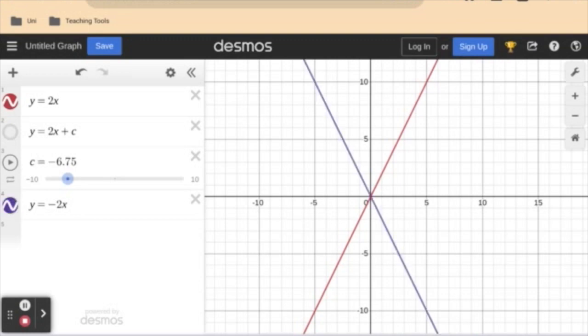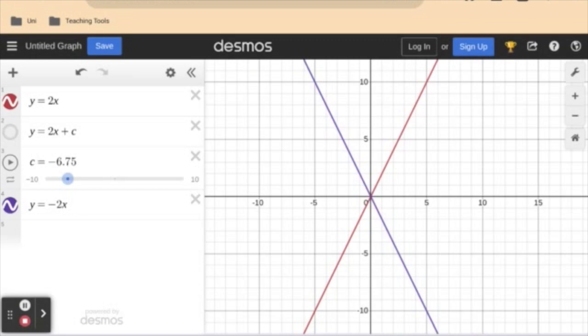Now, if I draw that one in, you can see they crisscross in a way we'd like, but you can see the angle they make with one another doesn't really look too much like what we want. So we're going to keep this negative, but what if we try making the 2 a smaller number?